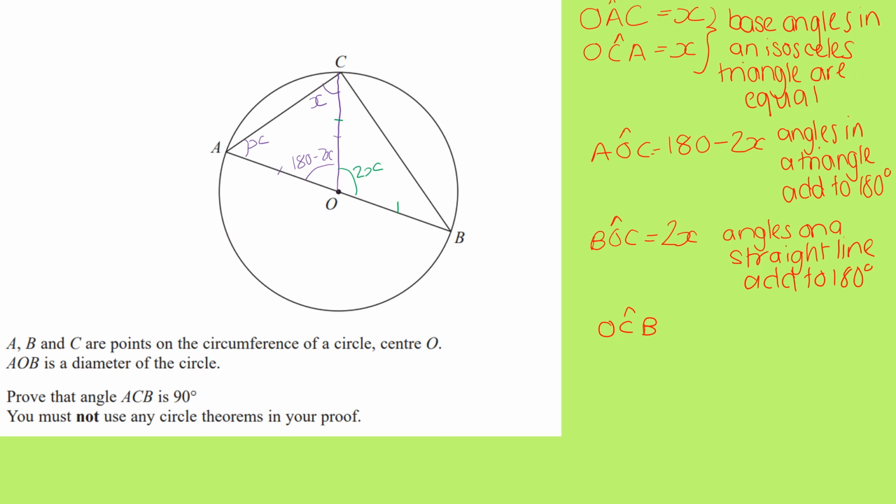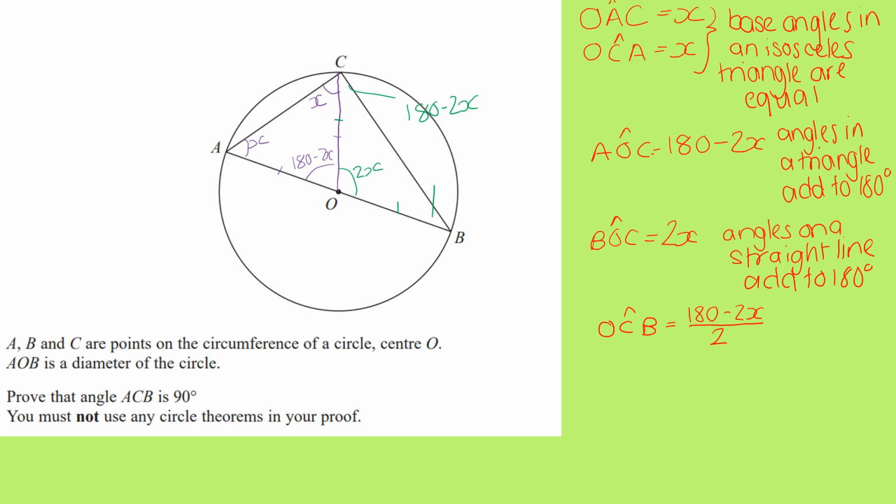These two angles here are 180 minus 2x, and that's both of them together. So angle OCB is equal to 180 minus 2x, but that is for both of them, so I'm going to divide that by 2.